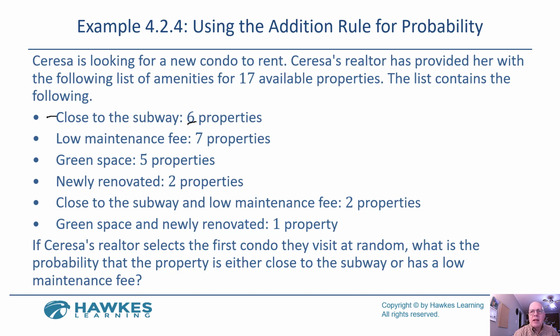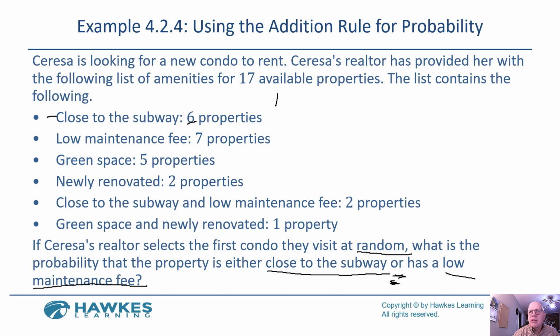Newly renovated, 2. Close to the subway and low maintenance fee, 2 properties. Green space and newly renovated, 1 property. So she selects the first condo they visit at random. What's the probability that it's either close to the subway or, keyword, or has a low maintenance fee?